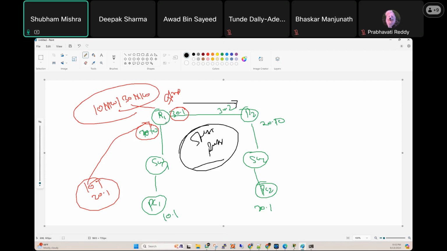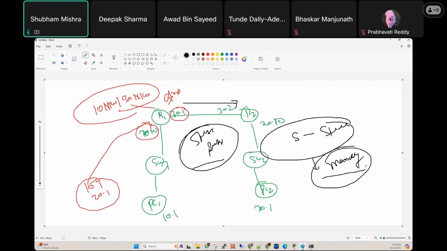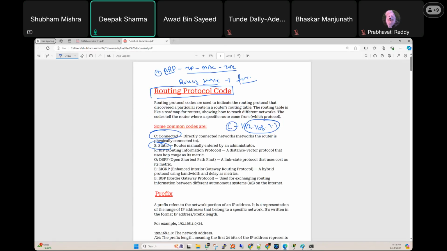So let's suppose on a router, if you are getting any routes and there is S written, S means static. It means as a network administrator, an engineer defined this route manually. Getting my point? So S means static.